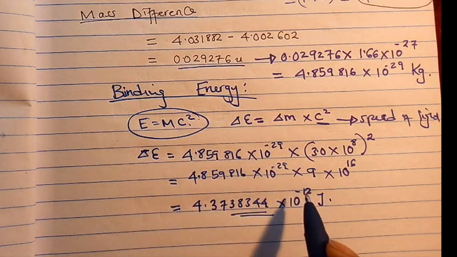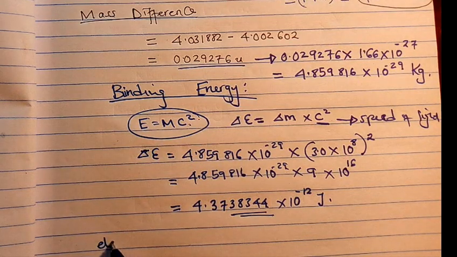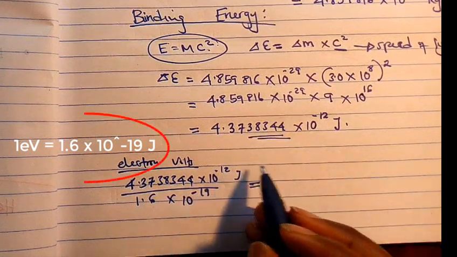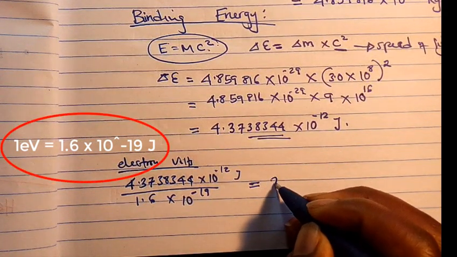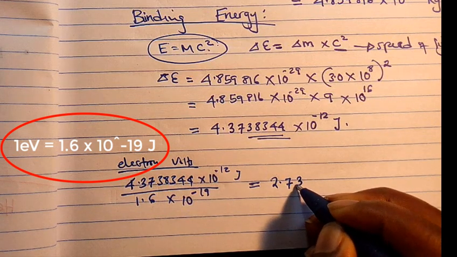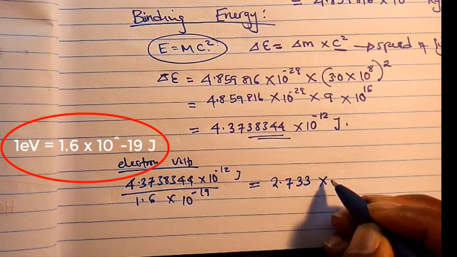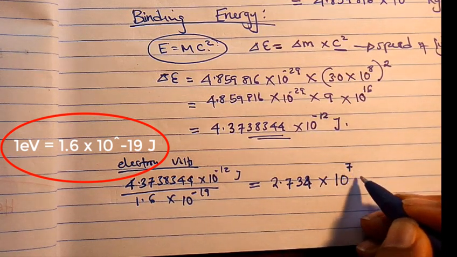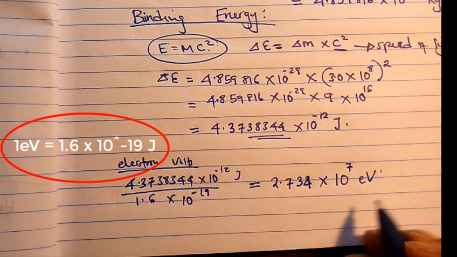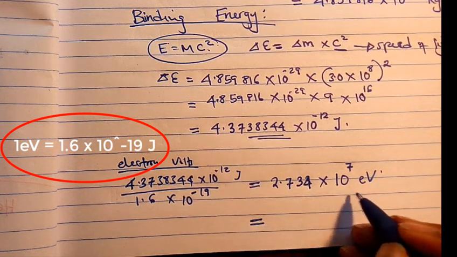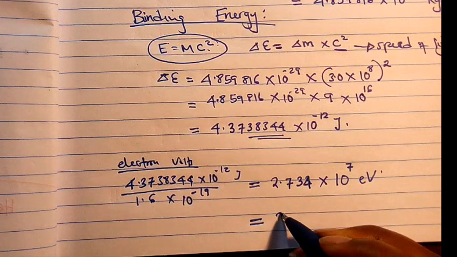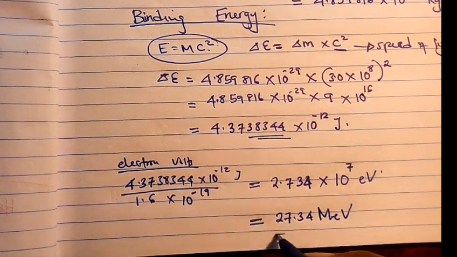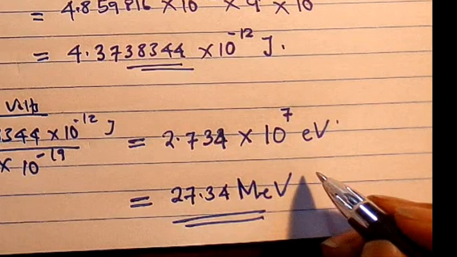To convert this value into electron volts, the answer will be 2.734 times 10 to the power 7 electron volts. To make it mega electron volts, we divide by 1 million, and that would be 27.34 mega electron volts.